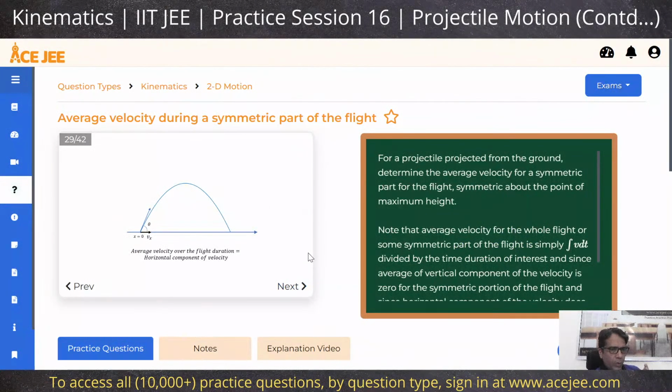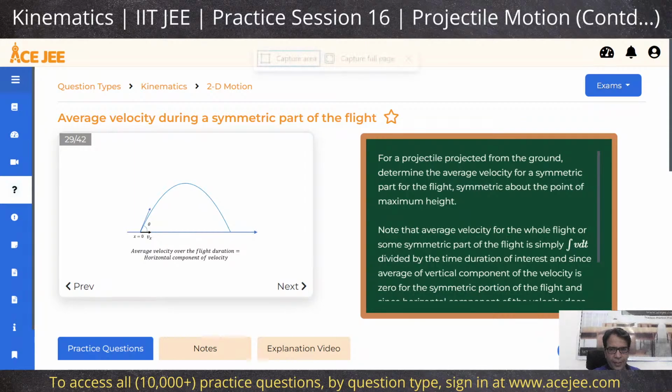Now let's talk about average velocity during a part of the flight. We'll look at two scenarios: average velocity during a symmetric part of flight, and average velocity during an asymmetric part of flight. Let me ask you a question.